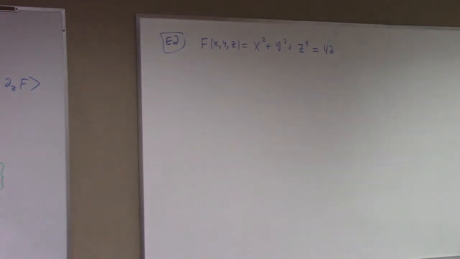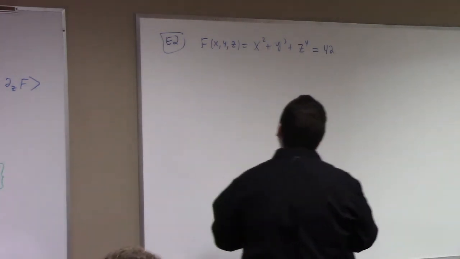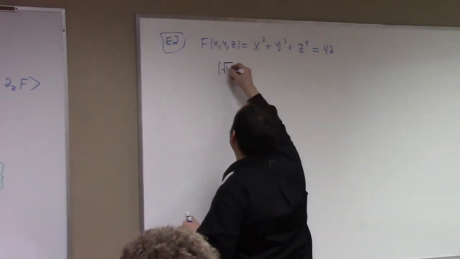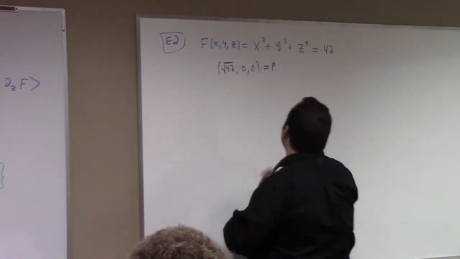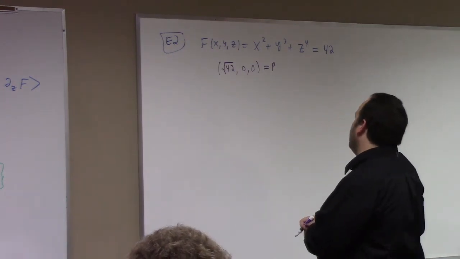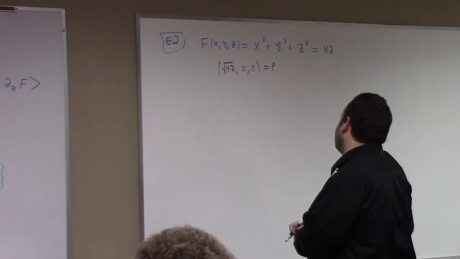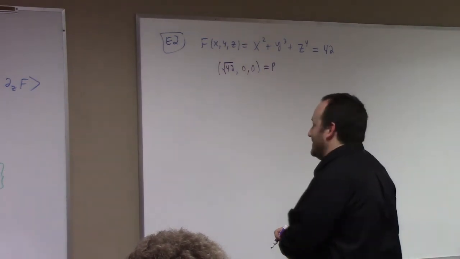What's that? 0, 0, square root of 42. So I'm hearing square root of 42, 0, 0 is my point. You could do a cube root in the y position or fourth root in the z position. I mean, we can work with that point. It's just not especially exciting.